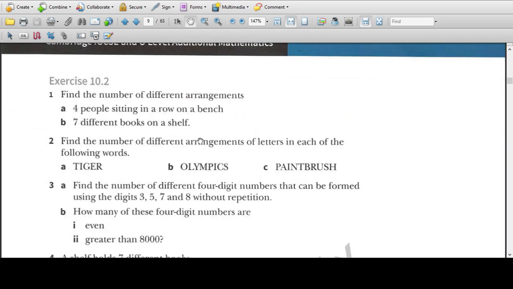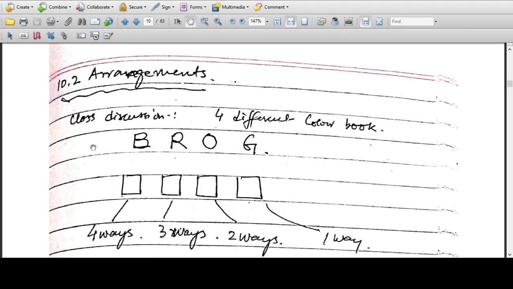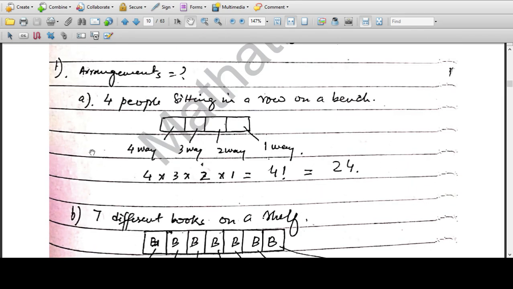Now exercise 10.2, find the number of different arrangements of 4 people sitting in a row on a bench, and 7 different books on a shelf. Four people sitting in a row on a bench: the first one will have 4 ways, second 3 ways, third 2 ways, and the last one only 1 way.